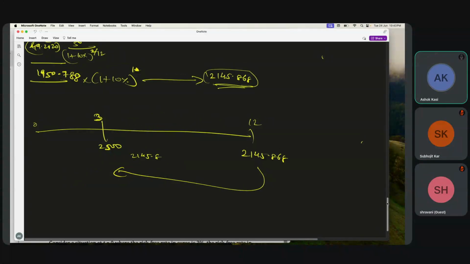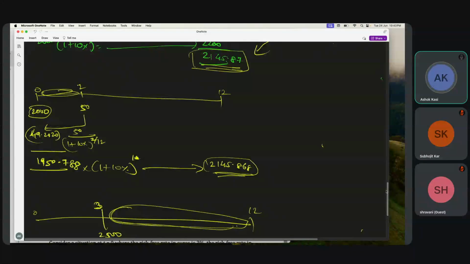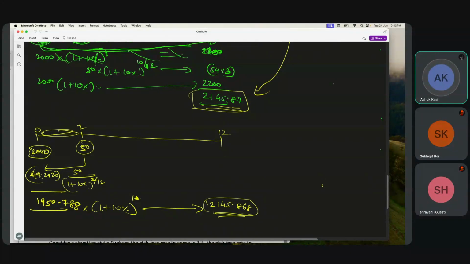Now the point you are supposed to understand here is that there was a dividend in between, and that dividend has been reduced, taking the time value of that dividend into account.